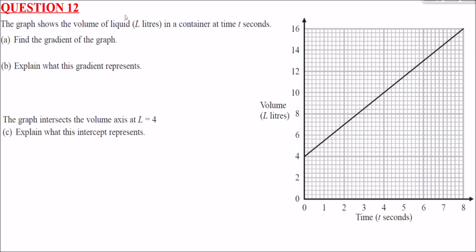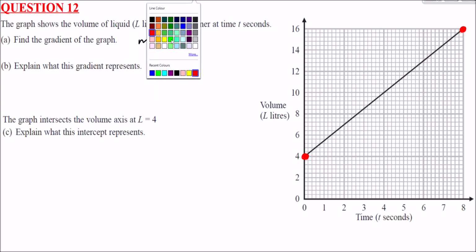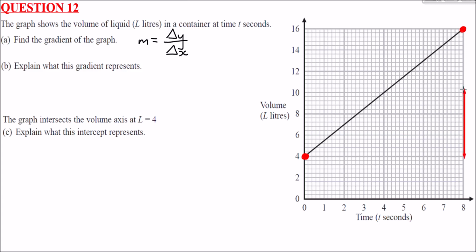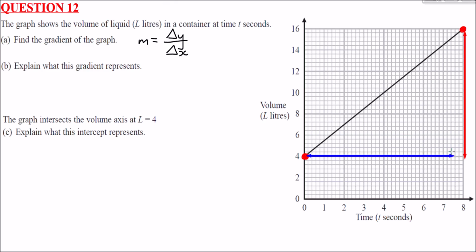First we need to find the gradient of the graph. Well, we need to remember that the gradient is just defined as the change in y, or whatever is going up, divided by the change going across between any 2 points we are able to pick. So pick 2 nice points. I'm going to pick that one and this one. So between these 2 points, the change in y is going to be from here up to there, and the change in x is going to be from that point across there.